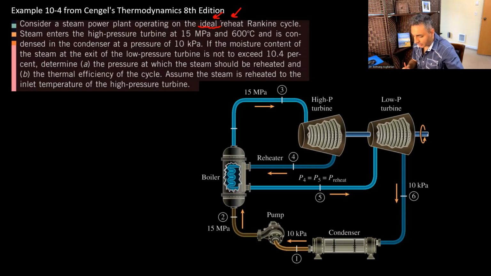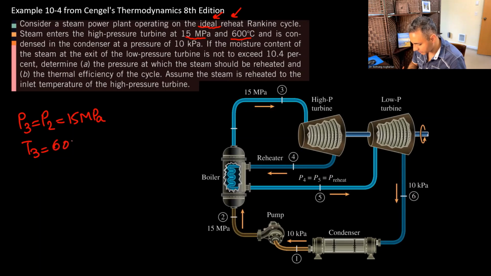It gives you the value of maximum pressure. I can see this 15 megapascal and 600 Celsius, which means that P3, which is supposed to be P2, I already know because it's an ideal cycle, right? It's supposed to be 15 megapascal. And T3 is supposed to be 600 Celsius.